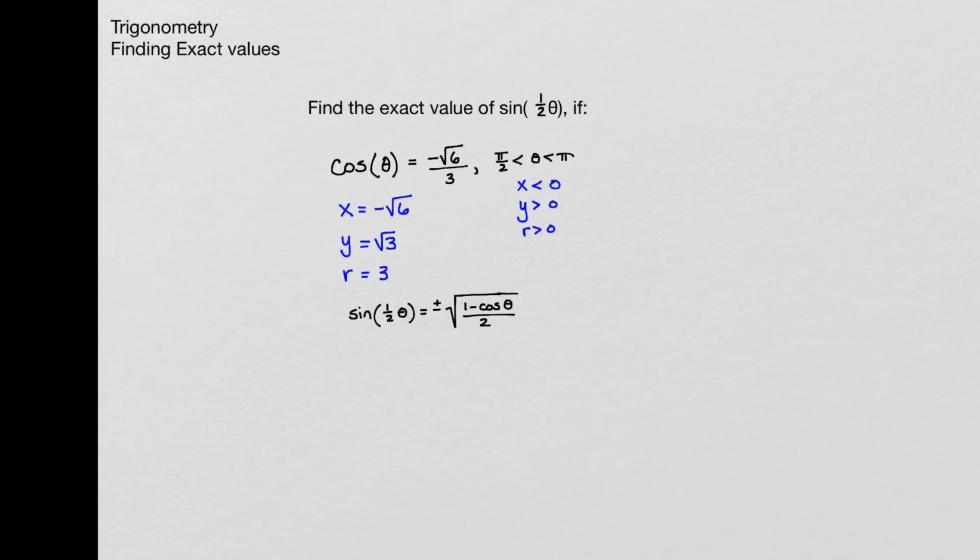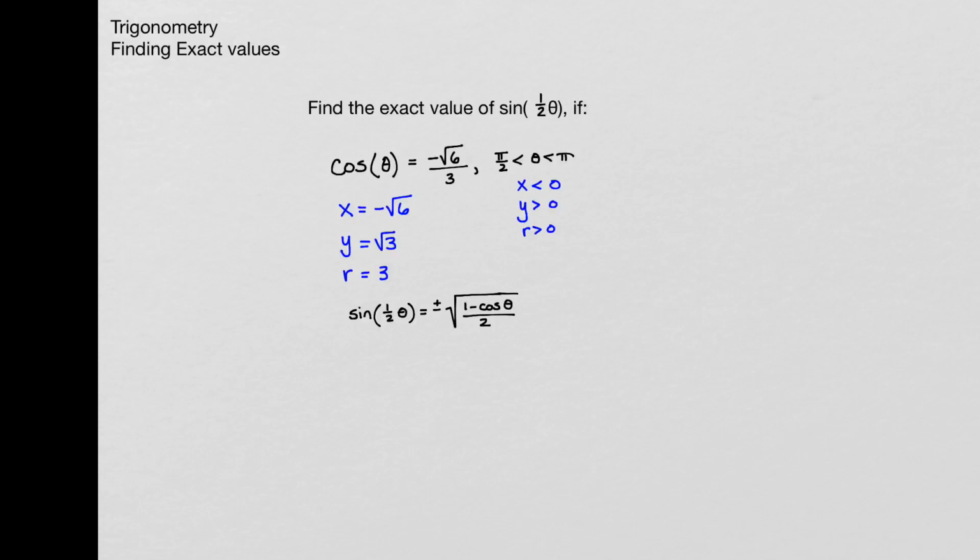Now I'll calculate the exact value of the sine of 1/2 theta. Now when we're working with half angles, the tricky thing is that the plus or minus may change depending on what quadrant it is that we're talking about. So because we know that we're starting off with an angle in quadrant 2, what we want to think about is where is half of that angle going to end up?